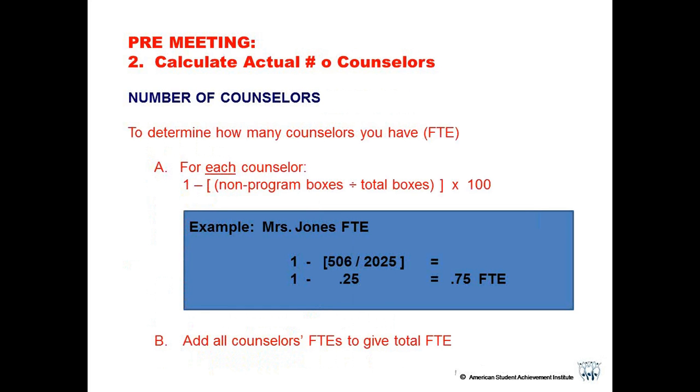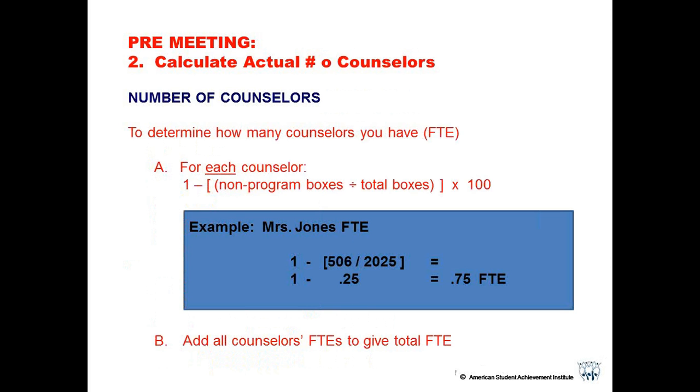Then the other thing we need to do is to calculate the actual number of counselors that you have in your building. So we kind of view this a little differently. A school may think that they have 2 counselors, but if each of those counselors is spending half of their time doing things that have nothing to do with guidance and counseling, then what we really have is 2 half-time counselors.